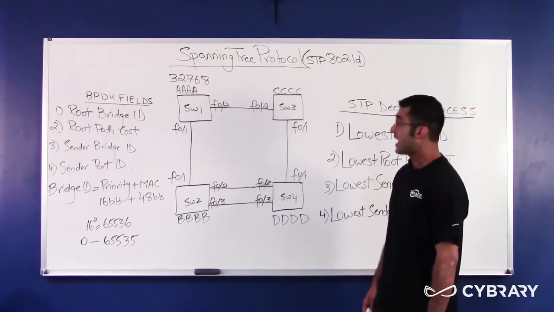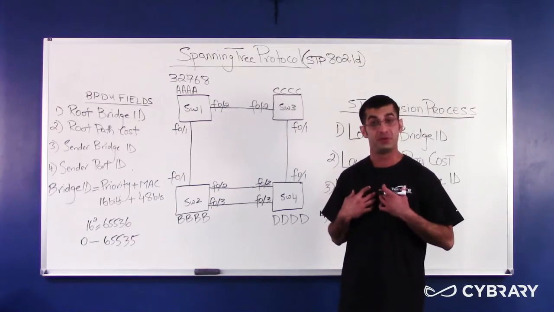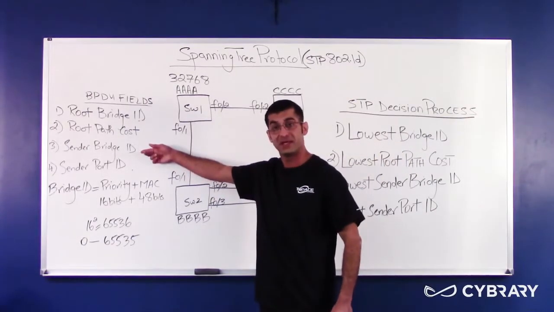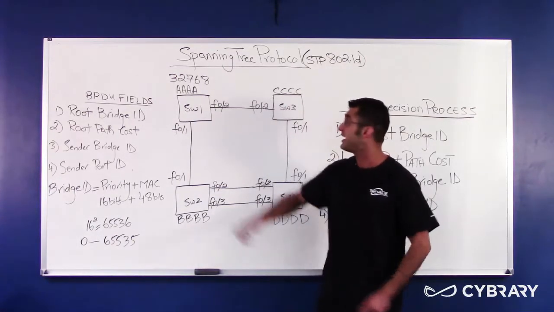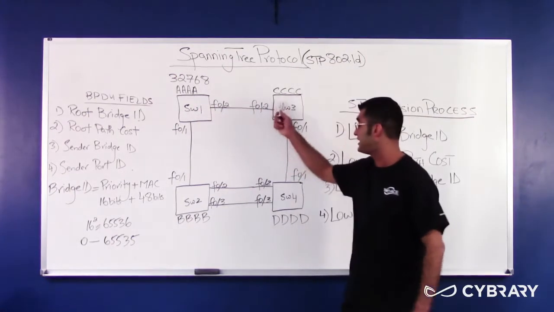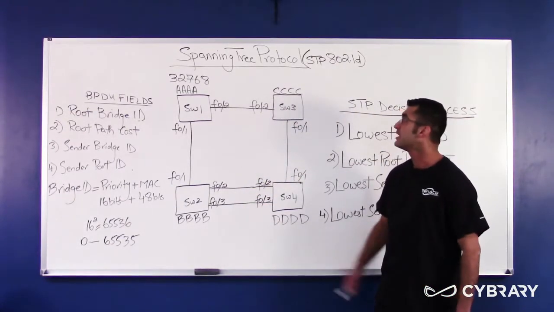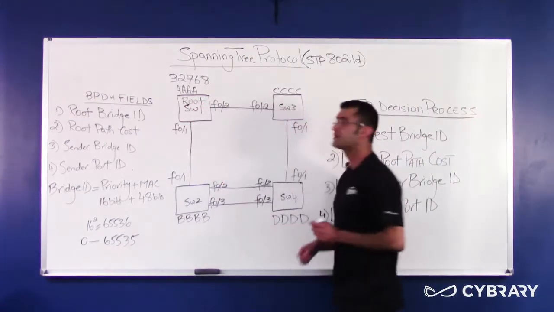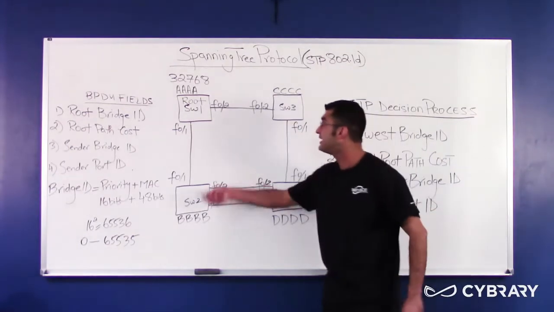Everybody starts off announcing themselves as root bridge by sending BPDUs with the root bridge ID field equal to the sender bridge ID field. Eventually, as you see, in hex, A is a lower number, then B, then C, and then D. Eventually, in this topology, switch A will become root and continue sending BPDUs, and everybody else will be relaying the BPDUs.